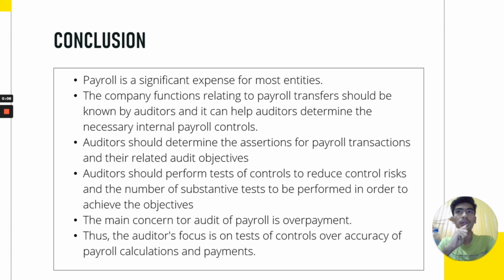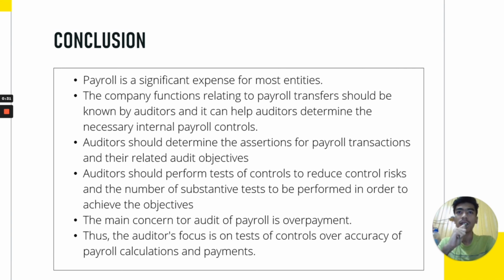So for conclusion, basically payroll is a significant expense for most entities. Auditors should understand the business functions that relate to payroll transactions because it will help the auditor to determine the necessary internal control over payroll.